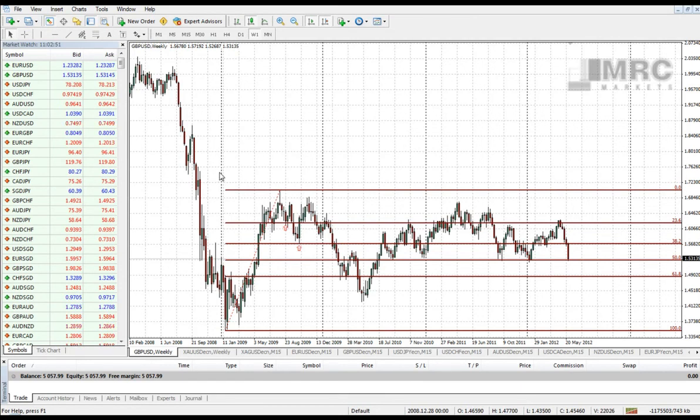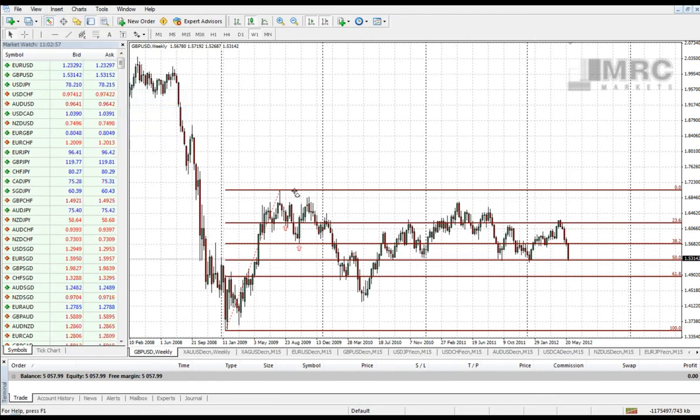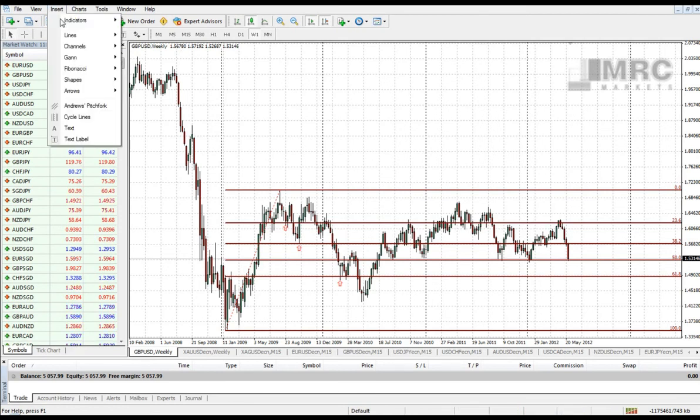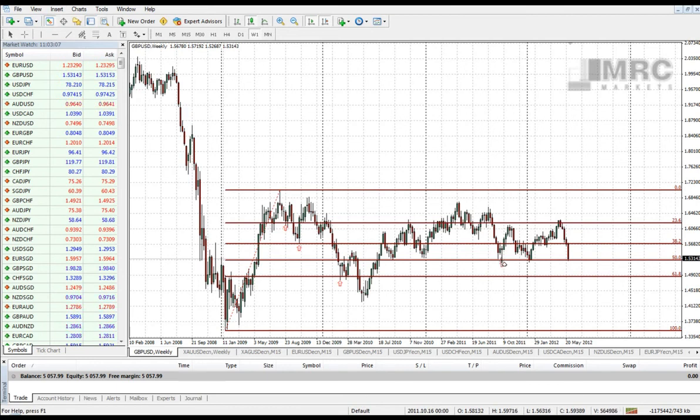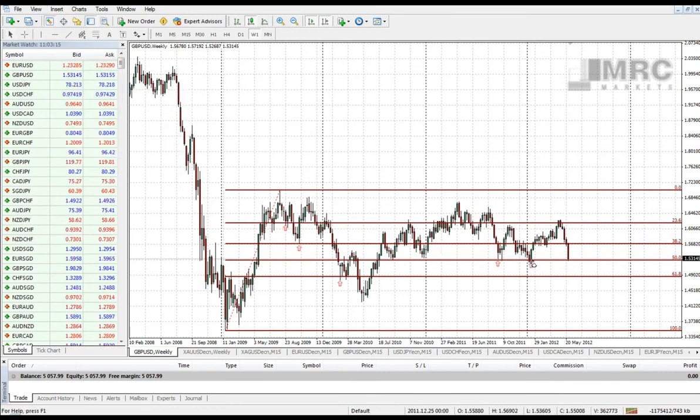We didn't get a bounce off the 50%, but we did get a bounce off the 61.8 around here. And recently on this chart, we've also had nice bounces off this 50% level. You remember that support level I drew earlier? That was actually the 50% line.